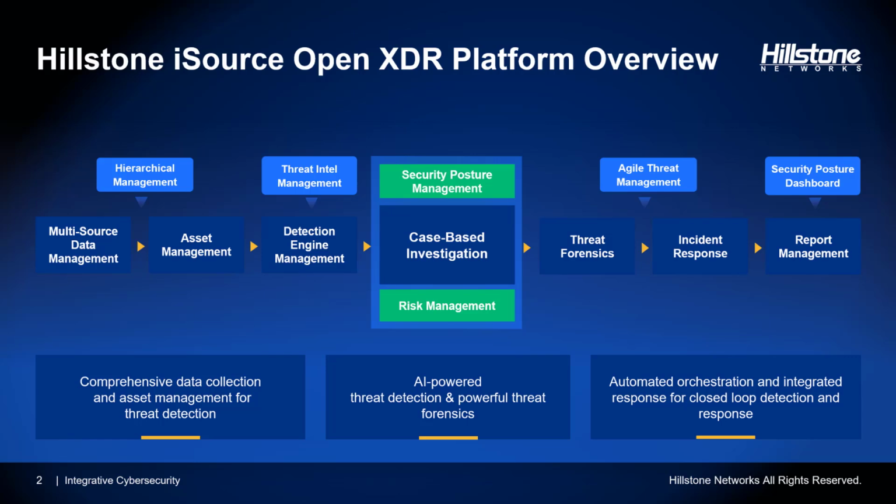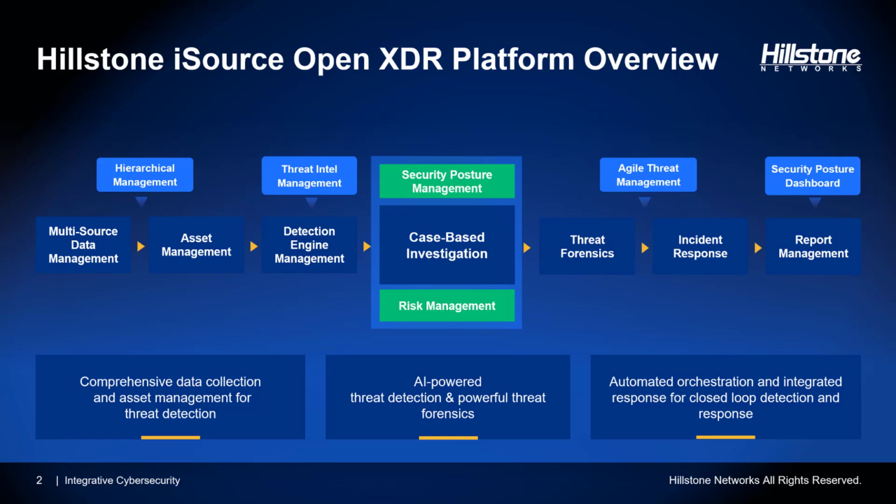In the center, we have case-based investigation, enriched by risk and posture management, so analysts can get the full story and not just the raw alerts. And moving forward, we have threat forensics and incident response. It's designed to streamline and automate how security teams respond to these threats.